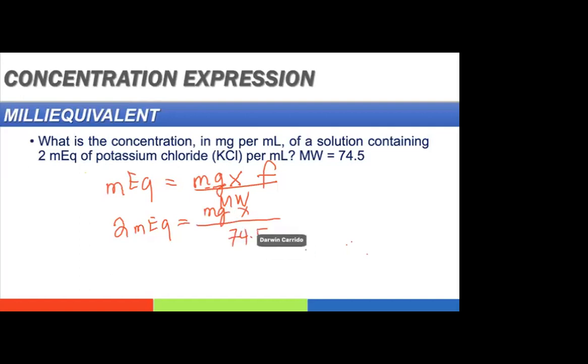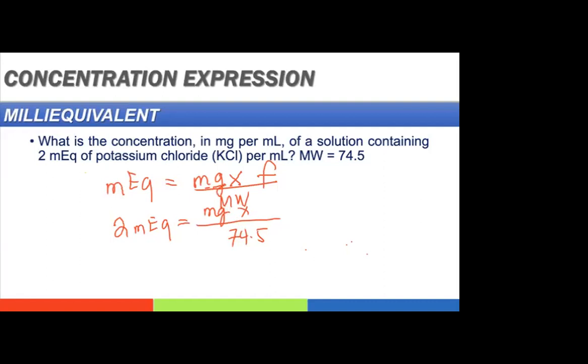74.5. Now, the challenge is the factor. What is the factor for potassium chloride? It is 1, the valence they share, right, of potassium and chloride, because potassium is group number 1 and chlorine is group number 7.